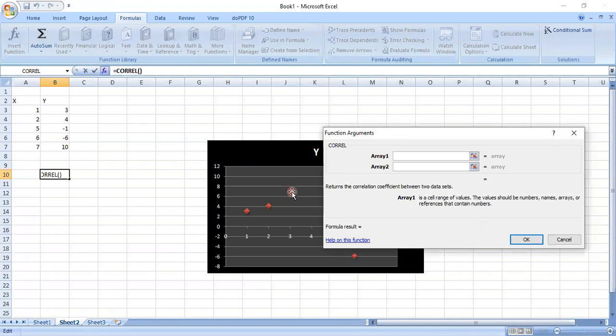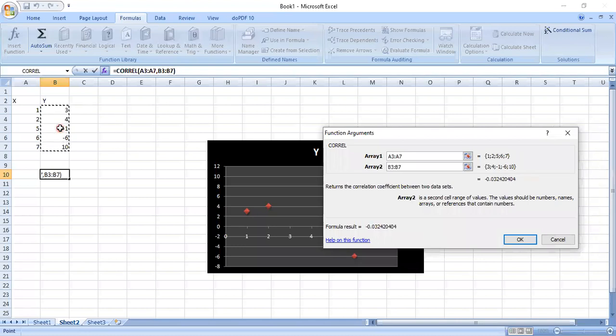Array 1 stands for the set of values given under the banner capital X. Array 2 is the set of values given under the banner of capital Y. So let us select array 1 first, and we'll do it in this manner. And let us select array 2, which can be selected in the following manner.